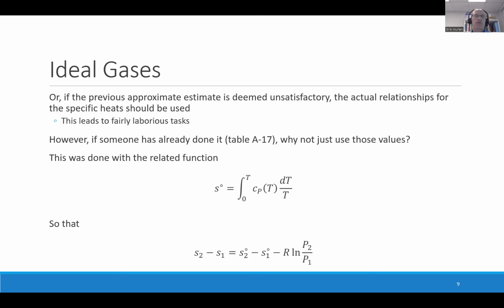These are the actual values of the integral of Cp as a function of T over T times dT from 0 to some temperature. These values can replace the temperature integral on the previous slides, so that, for instance, the change in entropy, S2 minus S1, is equal to S2 0 minus S1 0 minus R times the natural log of P2 over P1.